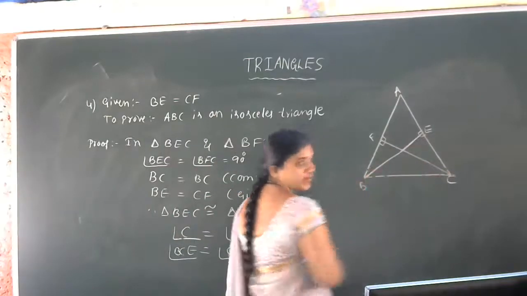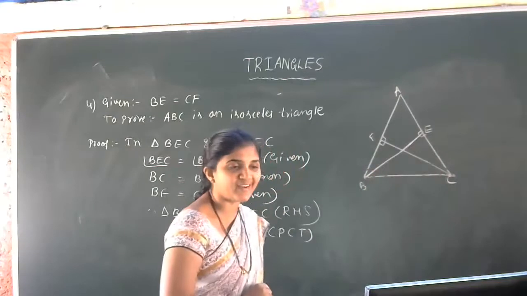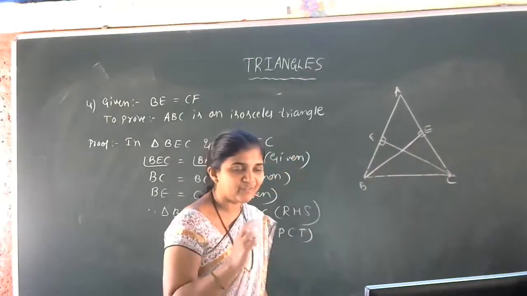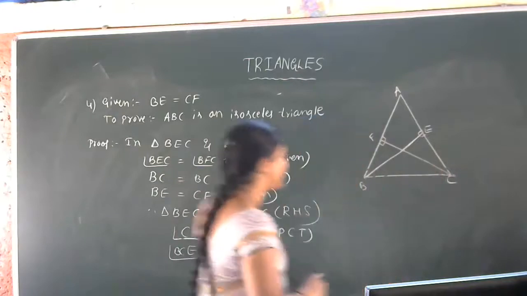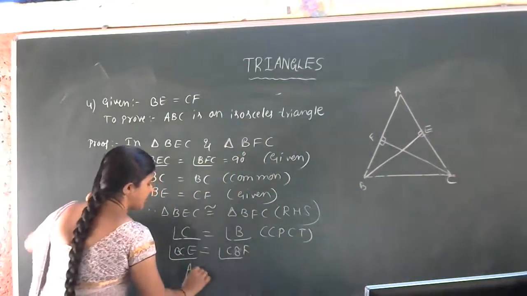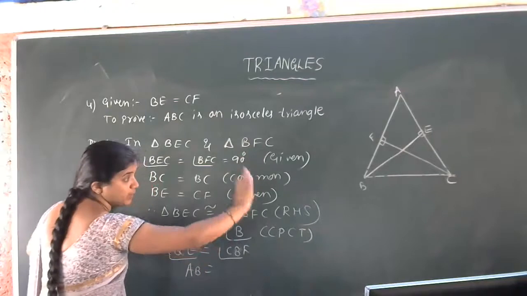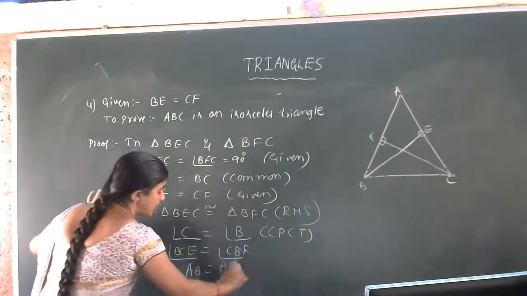So we know one property of triangles: sides opposite to equal angles are equal. For angle C the opposite side is AB, and for angle B the opposite side is AC. Therefore AB is equal to AC.